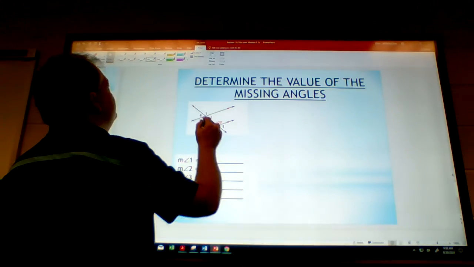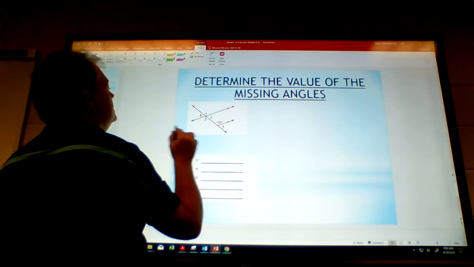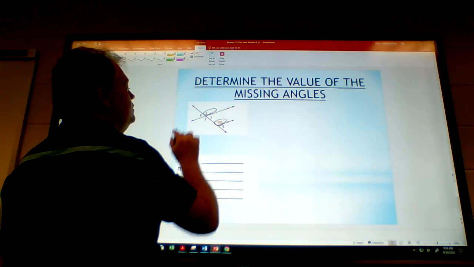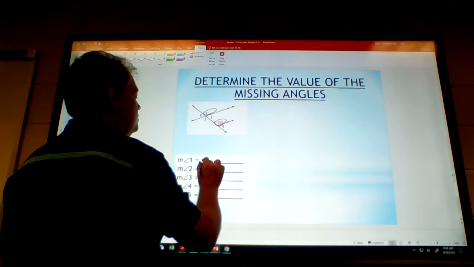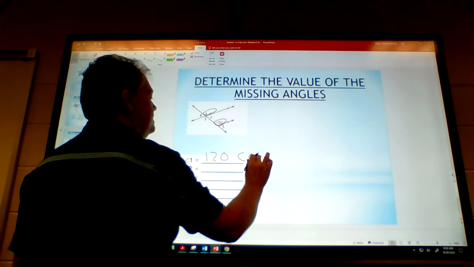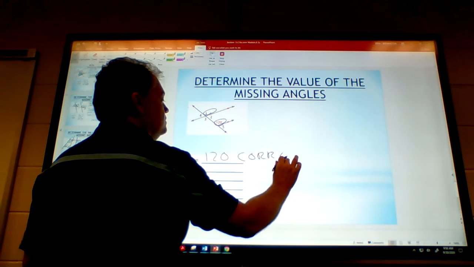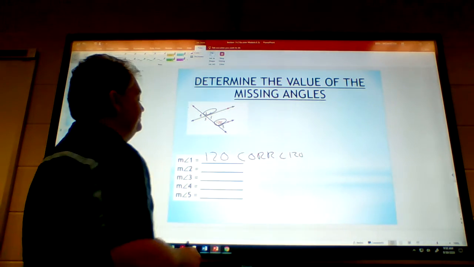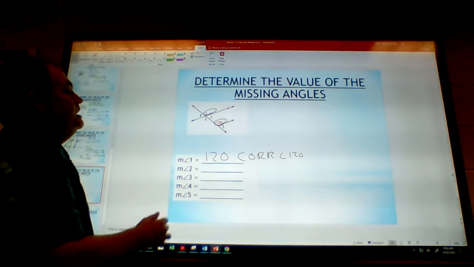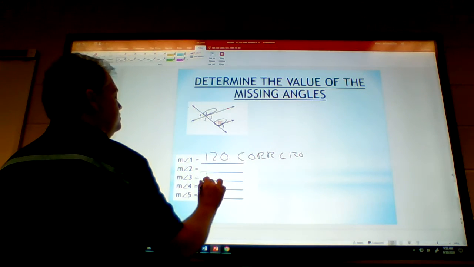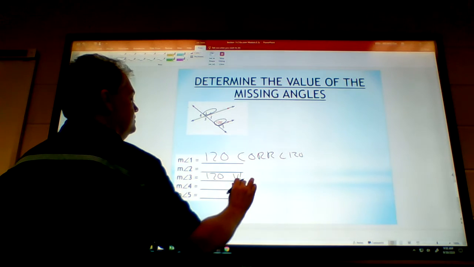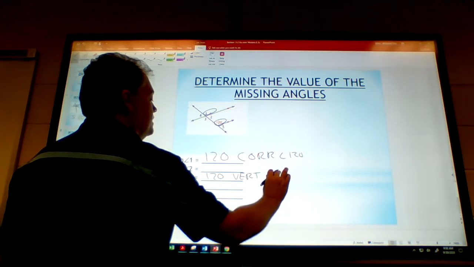Now I want you to look at the following. 120 and angle 1 are corresponding angles. So angle 1 is 120 degrees. Angle 3 is also going to be 120 because it's vertical to angle 1.